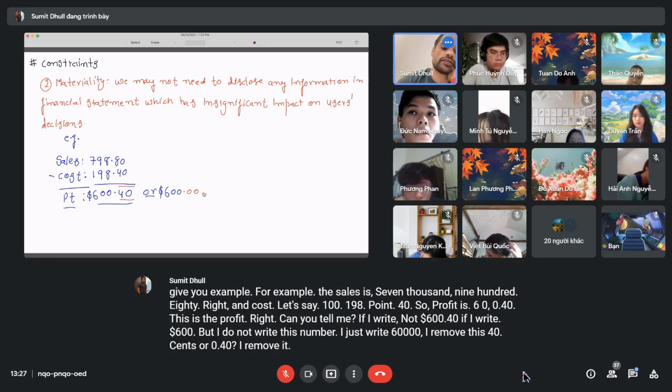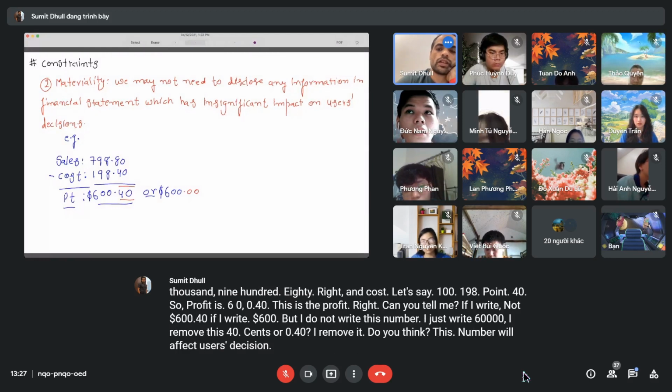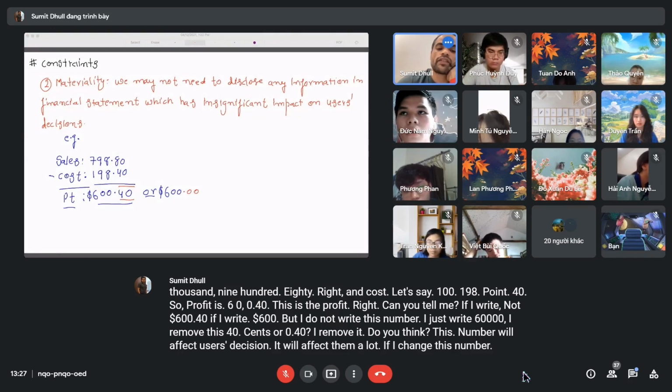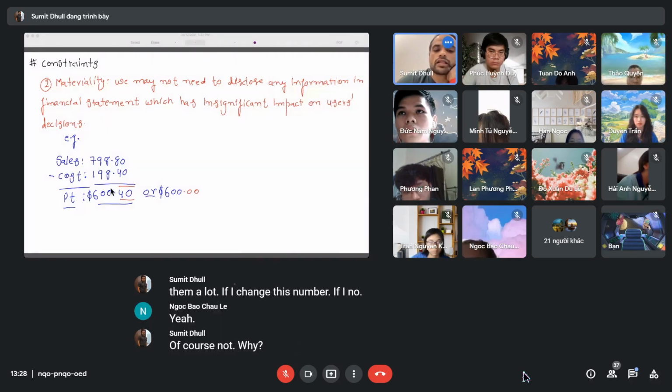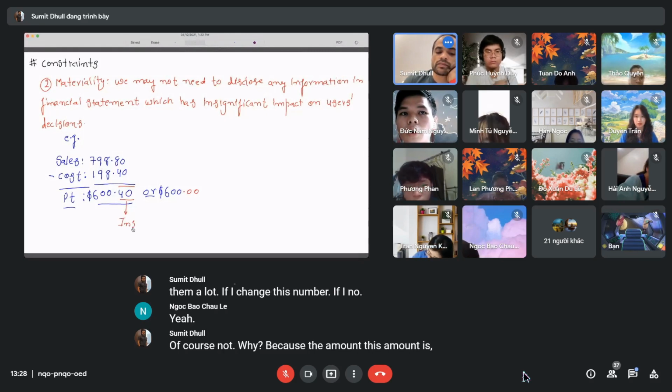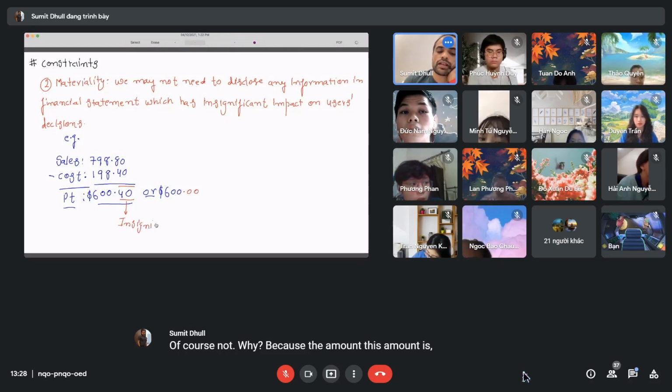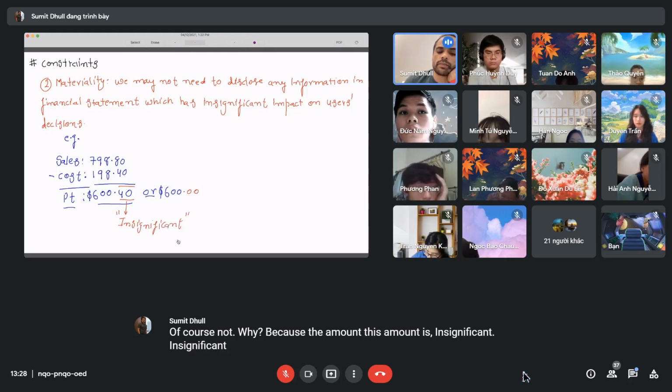Do you think this number will affect users' decision? It will affect them a lot if I change this number? No, of course not. Why? Because this amount is insignificant. Insignificant means this amount is really small.